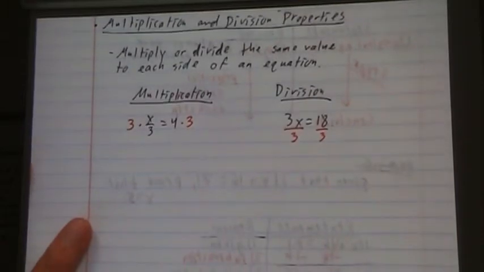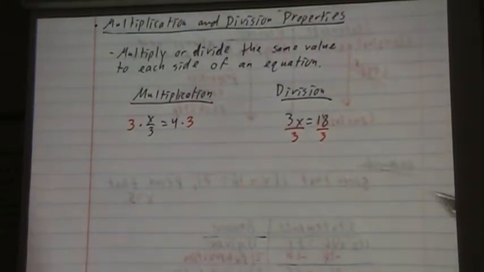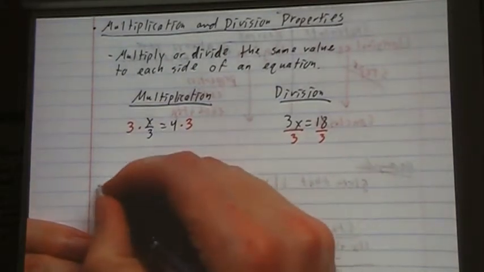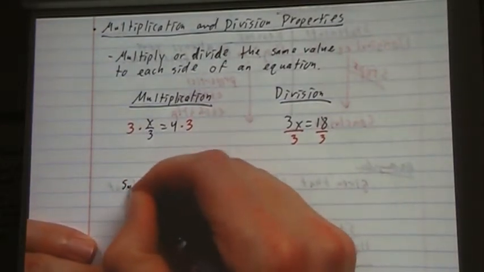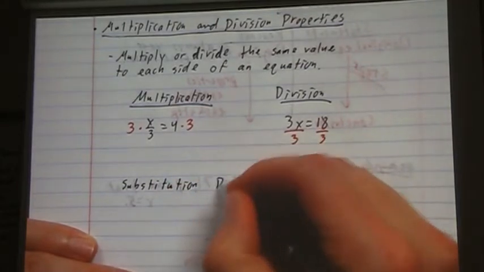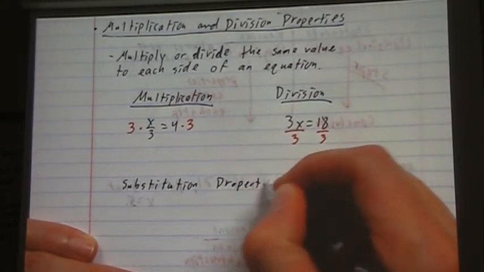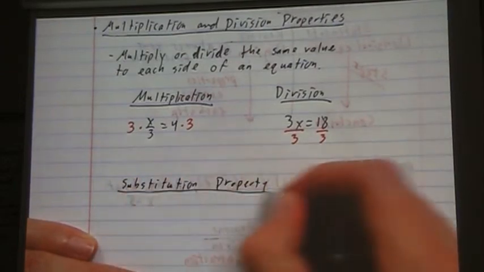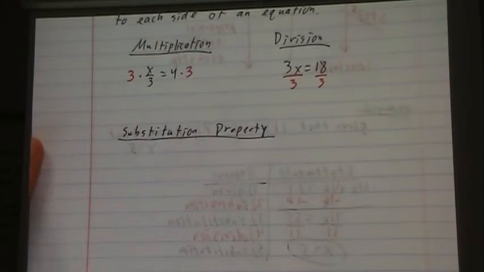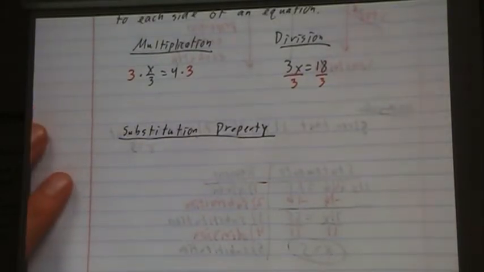Now there's one more property that I touched on last lesson. That's the substitution property. And the substitution property is when you substitute a value or one thing in for a different thing.